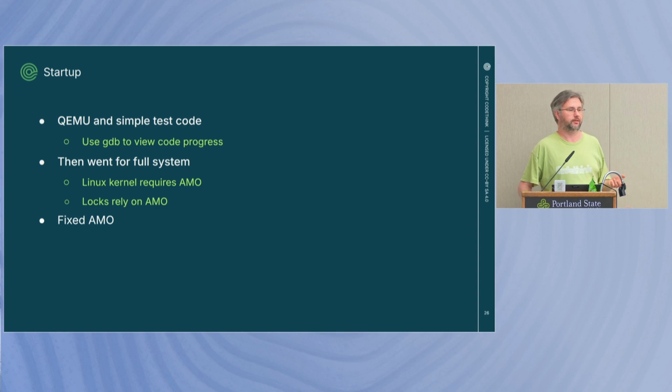We quickly found that Linux requires the AMOs even on a single processor. AMOs are the atomic memory operations. It's like, okay, can we be bothered to remove all these AMOs, or let's just fix the things? Basically, it's the locking which is the problem. So we ended up just fixing AMOs. It turned out not to be a huge change.